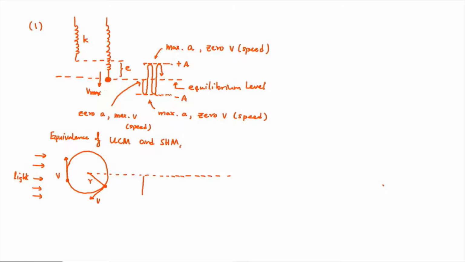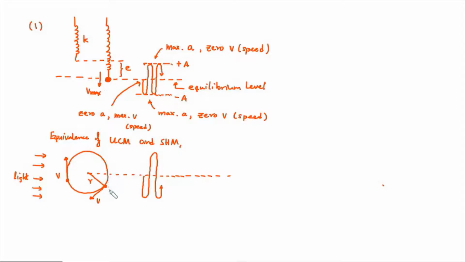It will reach the maximum displacement, which corresponds to the radius of the circular path, reach the maximum displacement on this side, and go through the equilibrium level. Again it will reach the maximum displacement on the other side. So this simple harmonic motion is related to the circular motion that the particle is doing around this track.